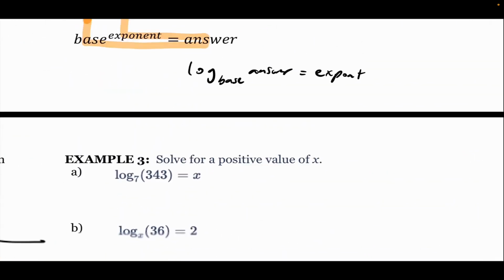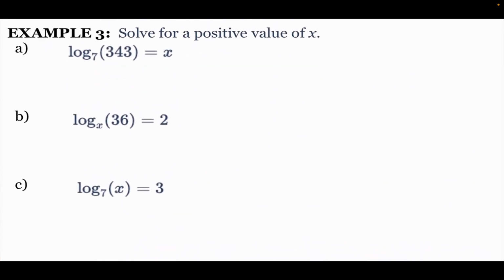All right, let's go to the other side now. Same thing. Solve for the missing part. Sometimes it's an exponent, sometimes it's a base, sometimes it's an answer. How do I solve for it? Use the loop trick. Change it to an exponent.